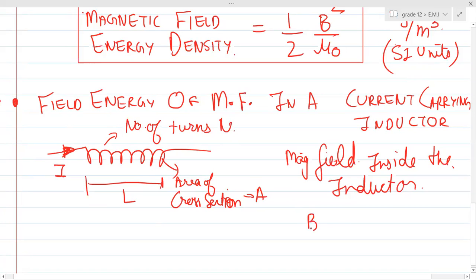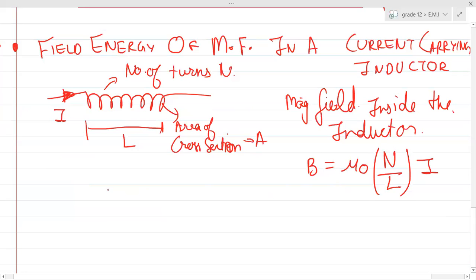So do you remember the magnetic field inside this long solenoid, was it equal to mu naught small n I, where small n is N by L, the number of turns per unit length? Yes or no? Everyone remembers the formula? Yes, sir. So what is the total field energy inside?